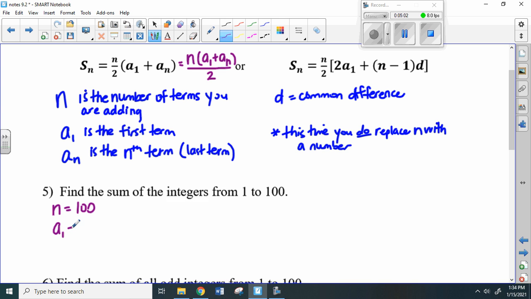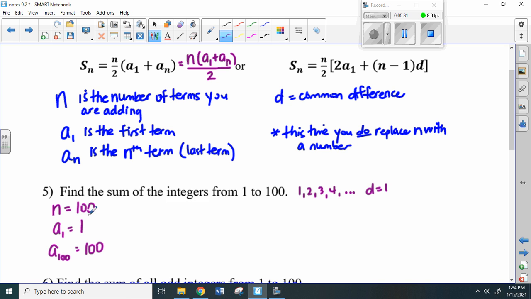Do we know the first one? Yes, we do. Do we know the 100th one? That's kind of like the same thing as saying, do we know the last one? Yes, we do. Technically we can list the integers out, so we definitely can also find the D value if we needed it.